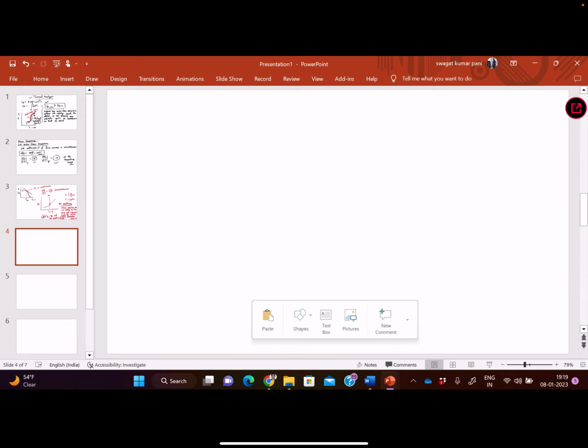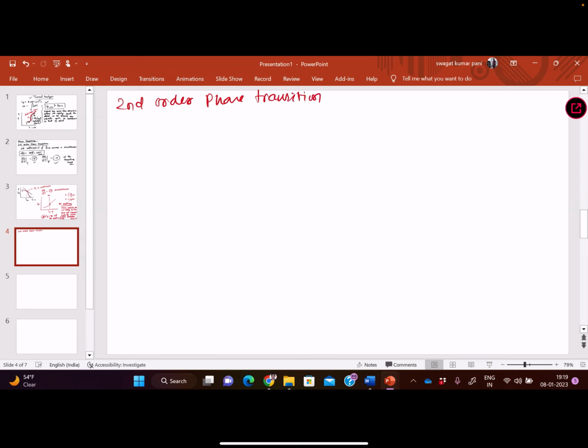What is that? In this, the second differential of free energy is discontinuous.